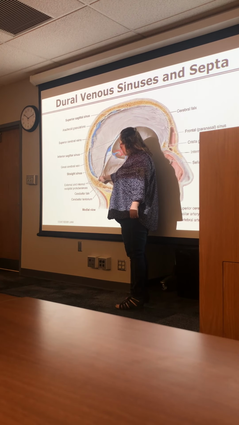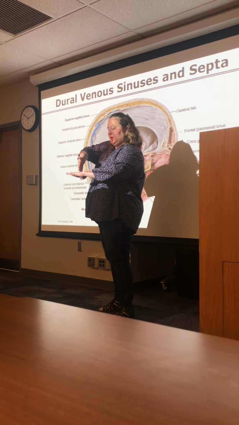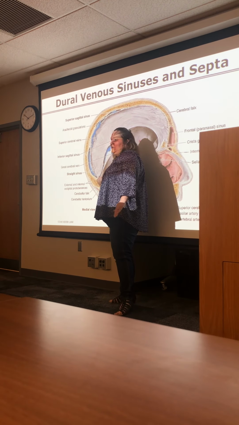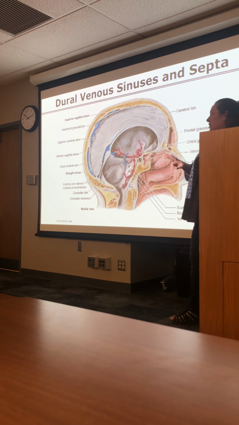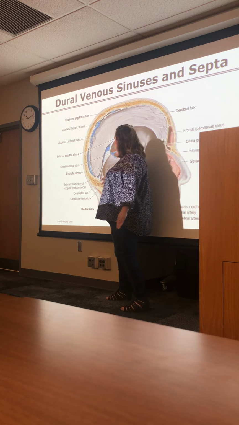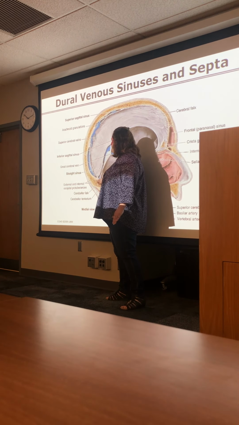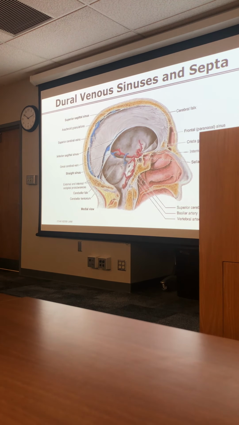The straight sinus goes right along where the falx cerebri comes into the tentorium cerebelli and heads right back to that confluence of the sinuses right in this area here. So now you have two sinuses coming into that confluence of the sinus. You have the straight sinus and you have the superior sagittal sinus coming into that confluence of the sinus area.